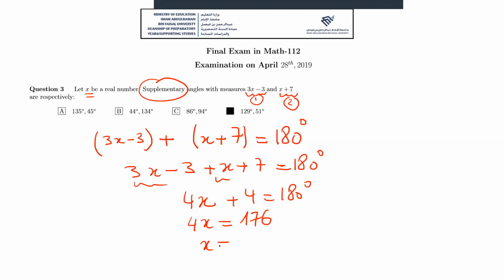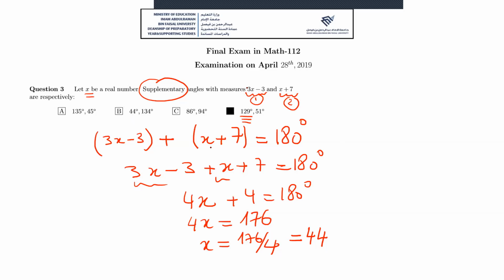So x is 176 over 4, which gives 44. So this is the value of x. But here the correct answer is not 44.